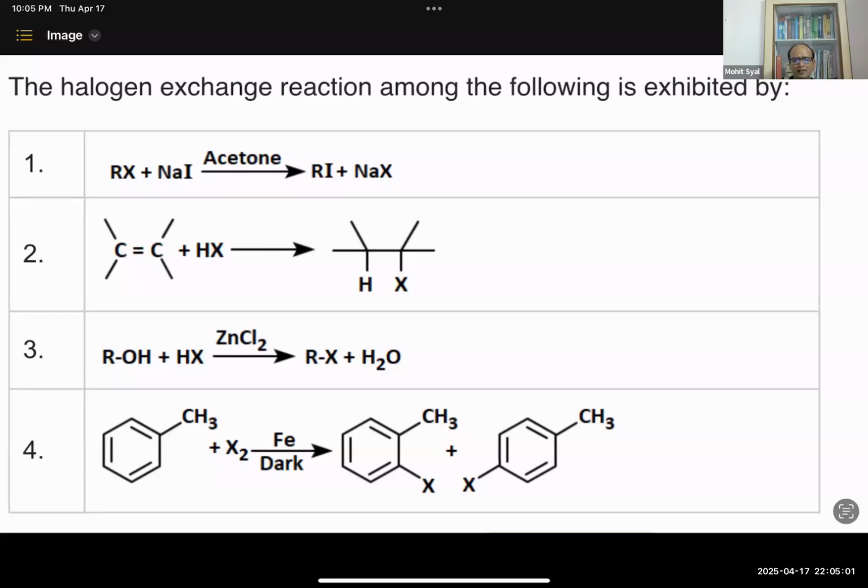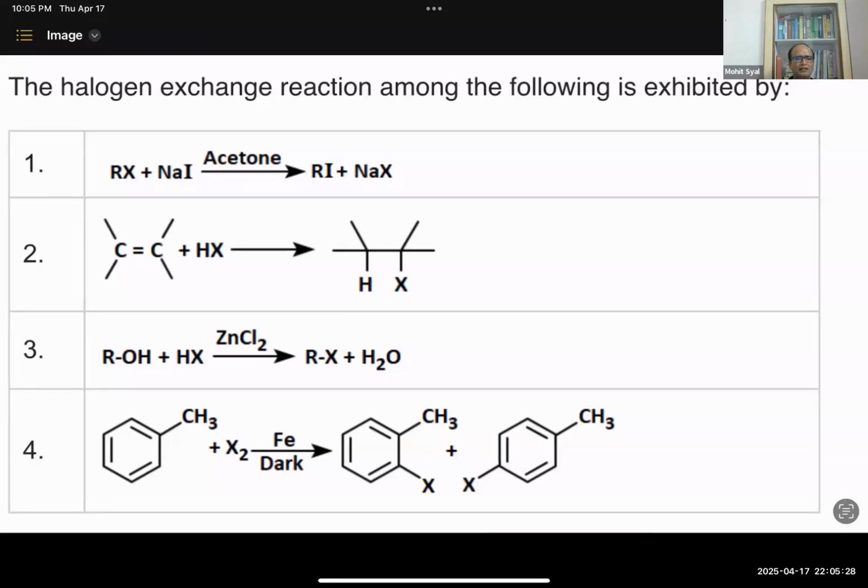Halogen exchange reaction. Halogen exchange means one halogen is exchanged by another one. What is the name?